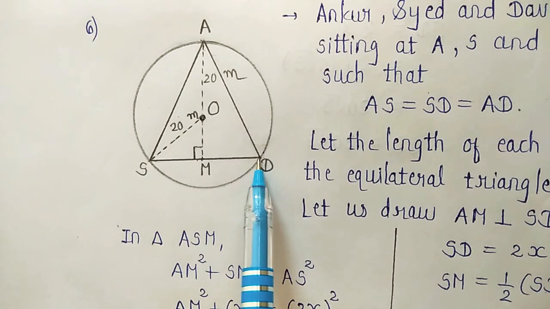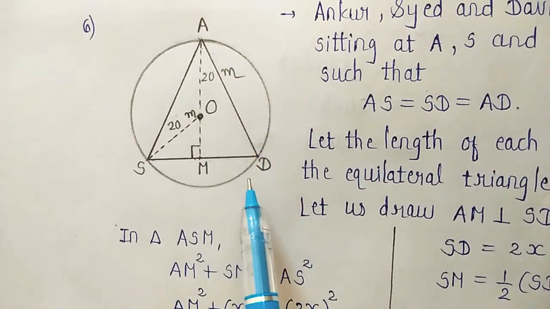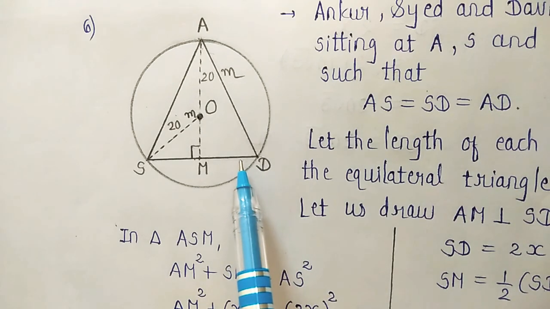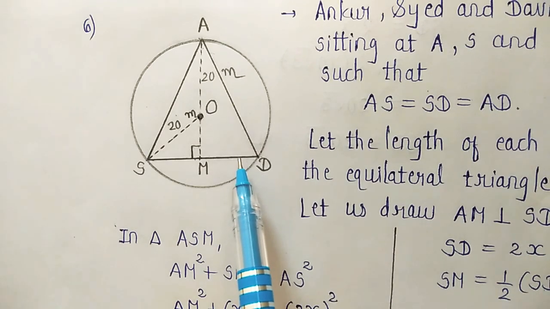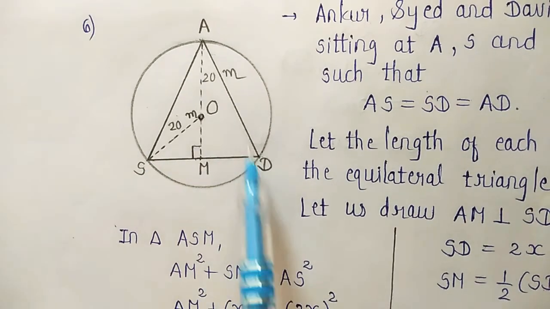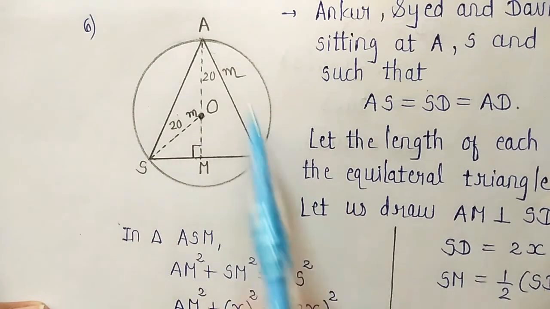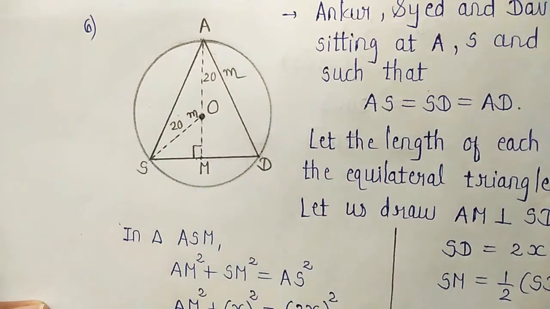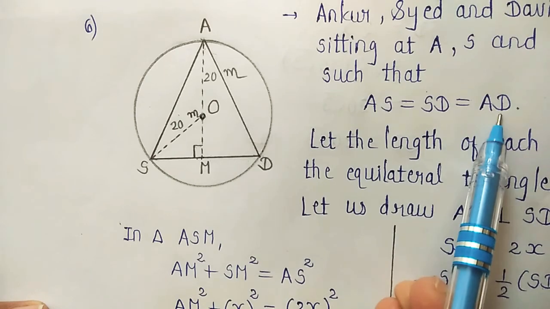We are asked to find the length of the string of each phone. These persons, they are having phone in their hand, so we have to find length of each phone. What it will be? The distance between them. So SD, and this is an equilateral triangle, so distance between all this will be same. We have already written AS is equal to SD is equal to AD.